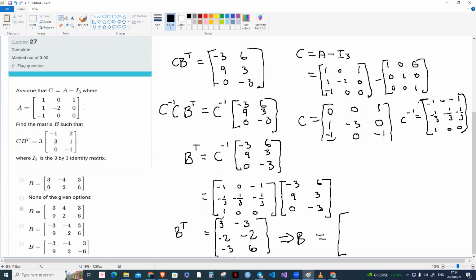We take our columns and make them our rows: 3, -2, -3, -3, -2, 6. Then we see if there's anything like that here. Well, there's no answer, so the answer must be this one out of the given options. Oh, that's a long one. Yeah, we are done.